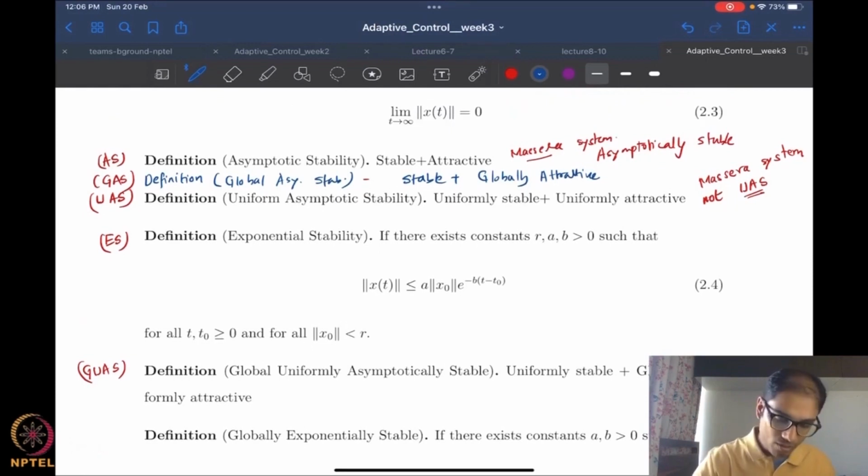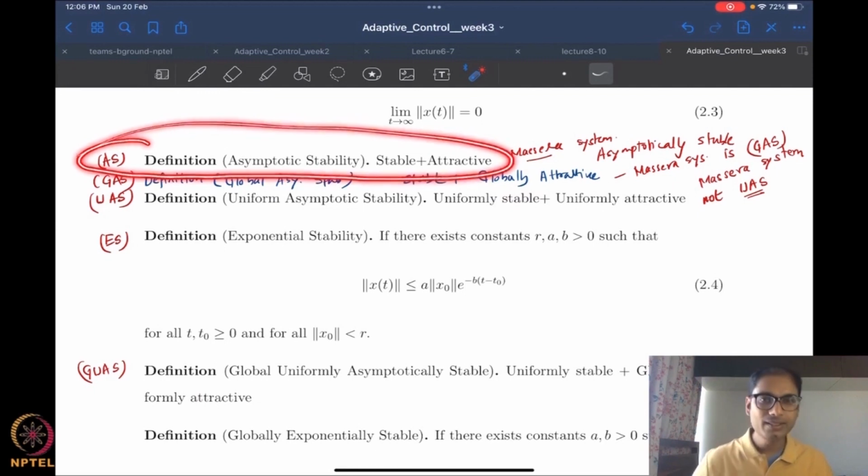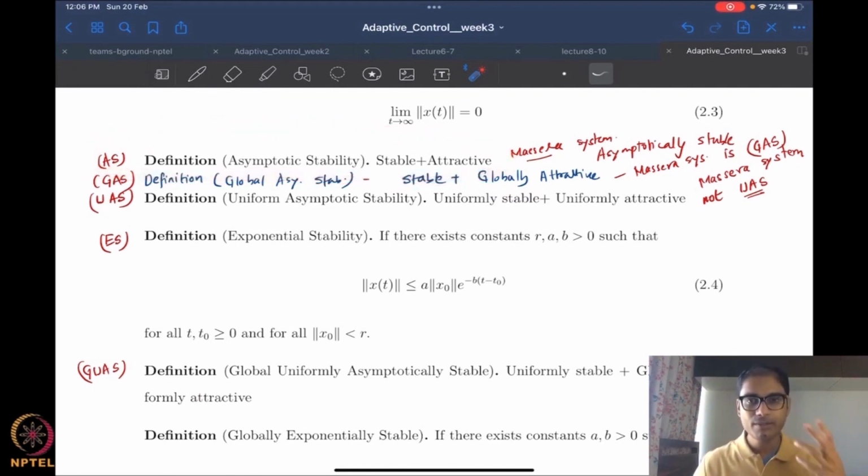And you will note now that the Massera system is globally asymptotically stable, because it is stable and it also is globally attractive. So this is not the best property. Whenever we have a system, we're always trying to find the best property that is satisfied out of all of this.